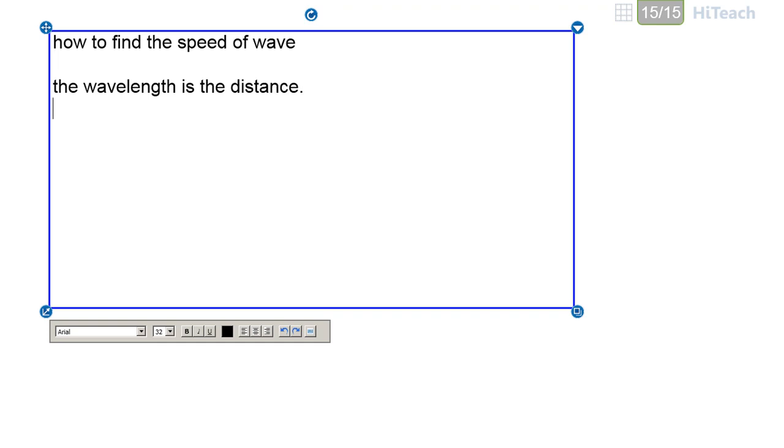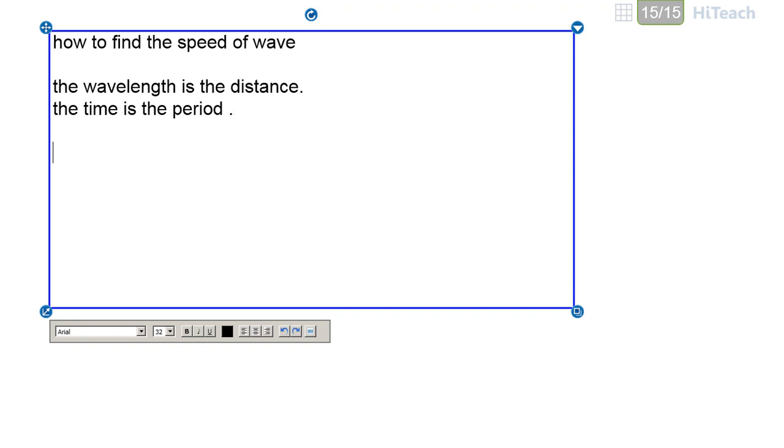What about the time? It is the period, right? You remember we took the time, which is the period, okay? The time needed to complete one cycle.